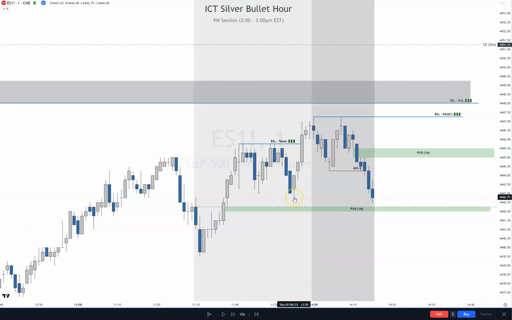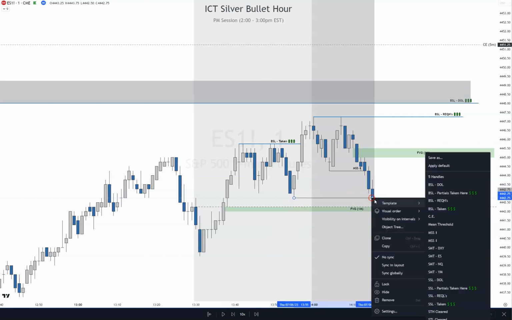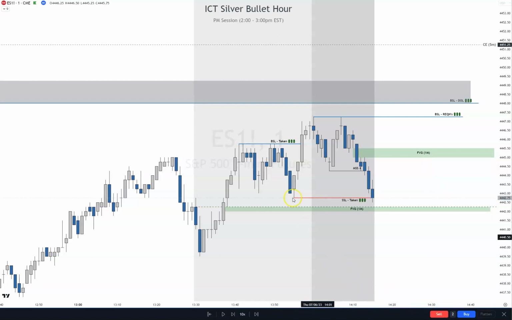Okay, so now what I didn't like is I didn't like this being taken right here, because now we can just reverse back because we've taken sell side here, some sell side liquidity here. So if you mark this out, right here, you've got some sell side liquidity being taken right there. So now I've gotten both.